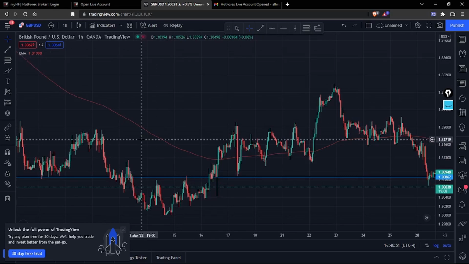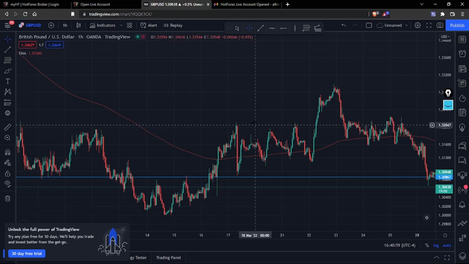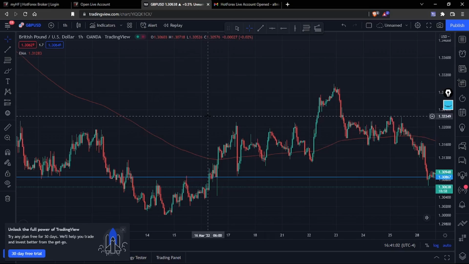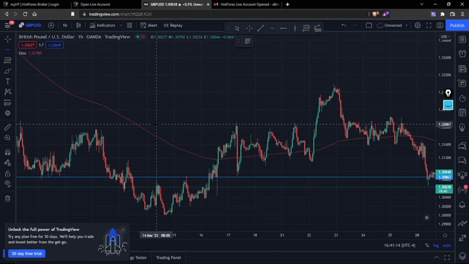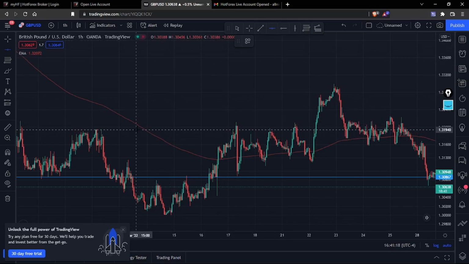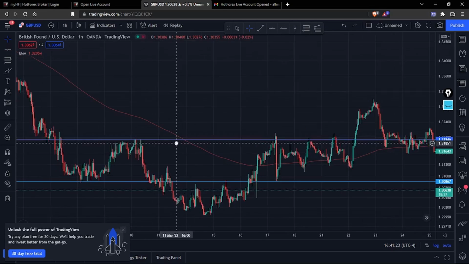And as I said, it's basically any area above or below the current price, where the price has respected or reacted in the past. So, for example, using the horizontal line option, we can mark up a resistance zone.